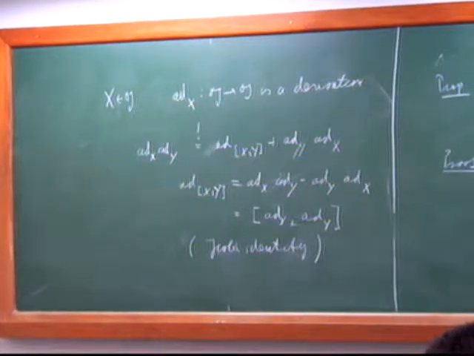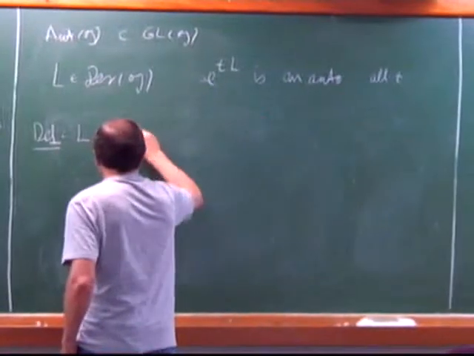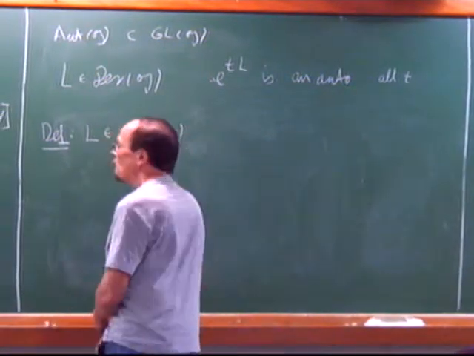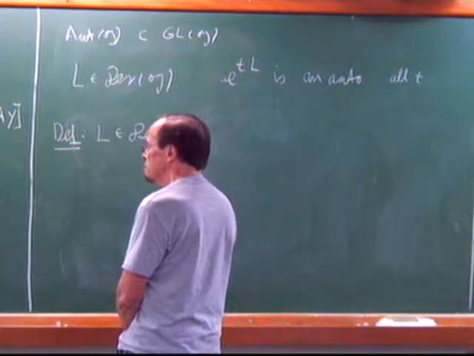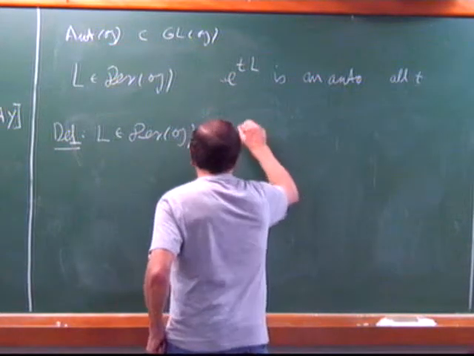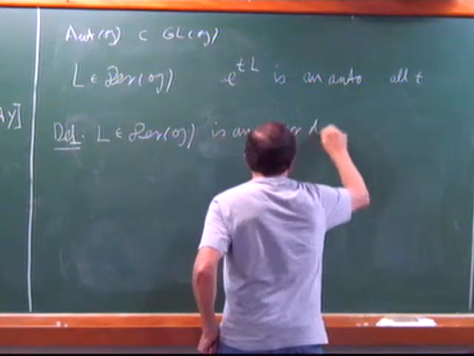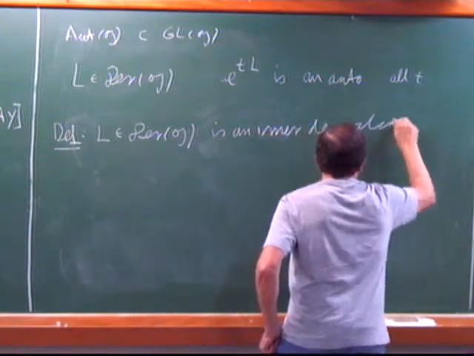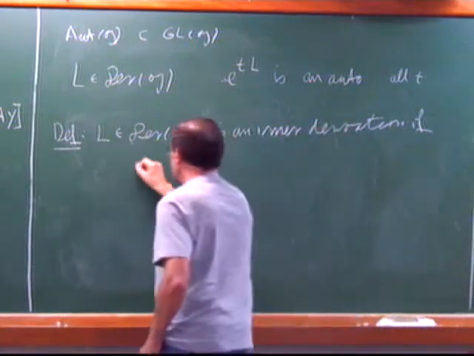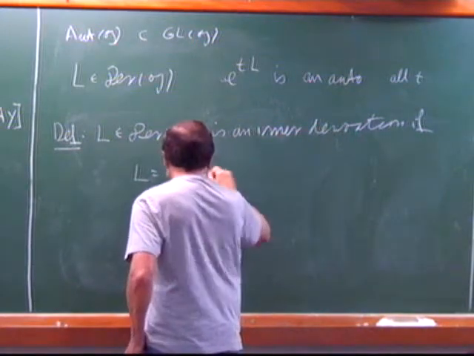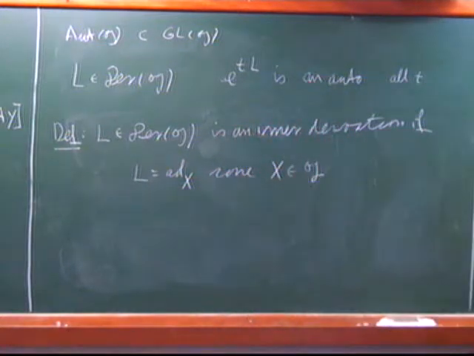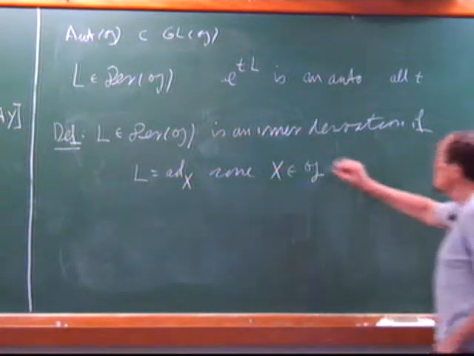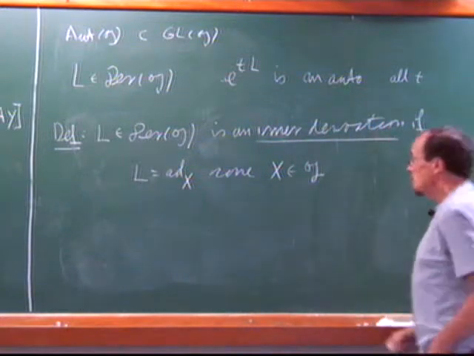So the definition is: L in the derivations of G is an inner derivation if it's of that form, so L is equal to ad x for some x in G. So the special derivations are very important. They're called inner derivations. And then I can also define inner automorphism.